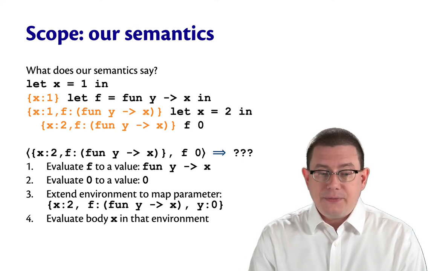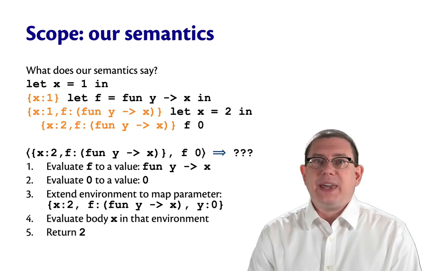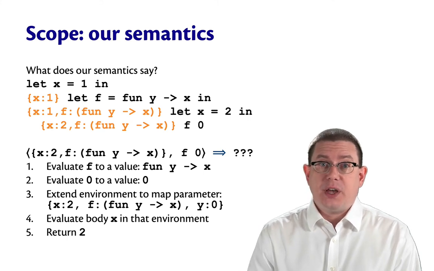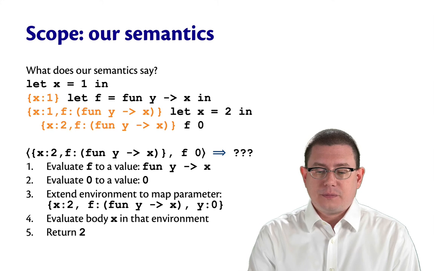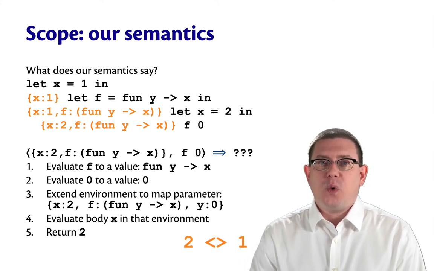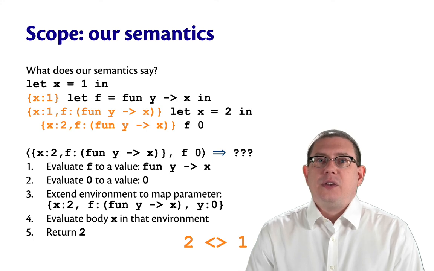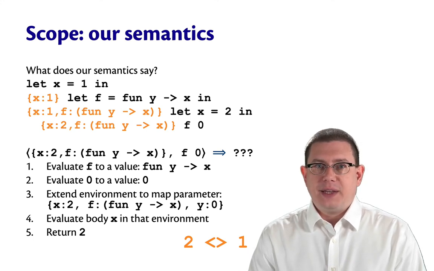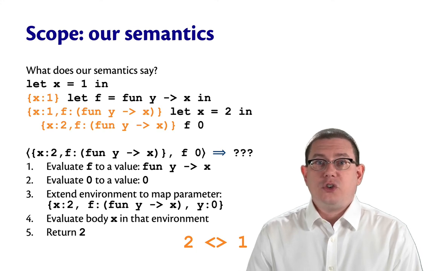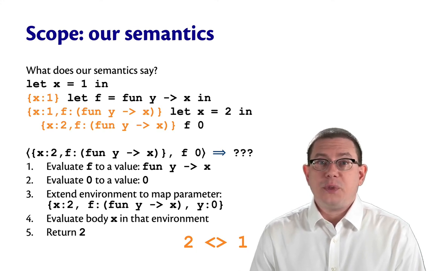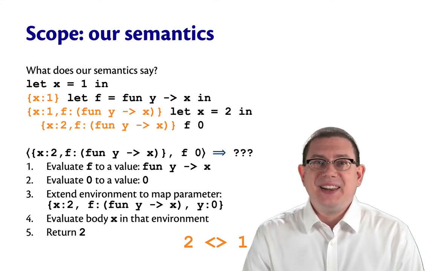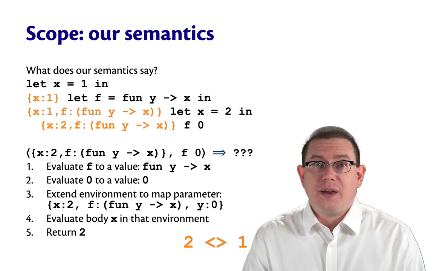And in that environment, when we look up x, we get 2. So we would return 2 as the result of evaluation. Well, I hope you'll agree with me, 2 is not equal to 1. So OCaml's semantics versus the semantics we've written down at this point do not agree on how this program evaluates. That's why I said that the semantics was wrong.